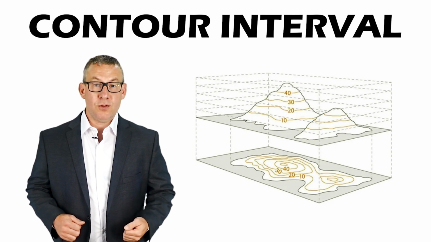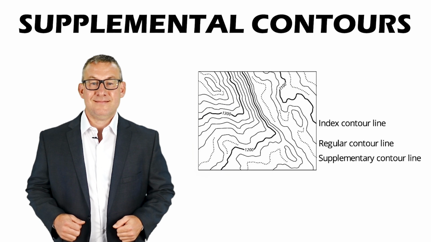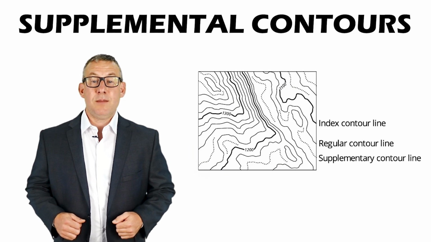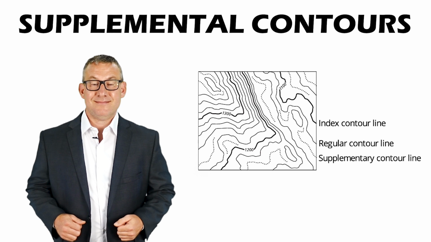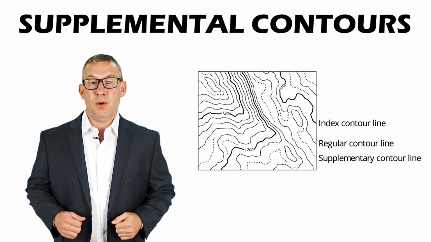The contour interval is the difference in elevation between contour lines. Supplemental contours. Supplemental contours are placed in areas where elevation change is minimal to delineate small features that would be missing without them.